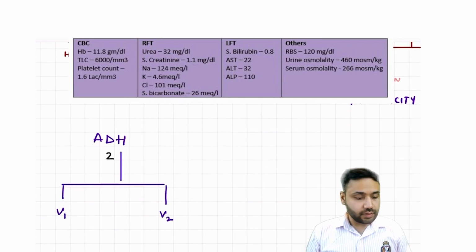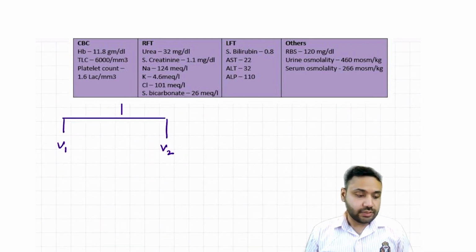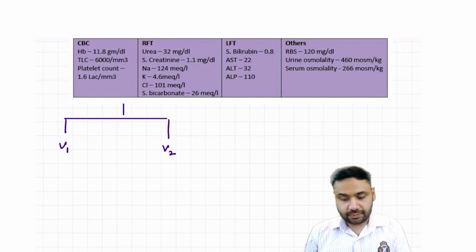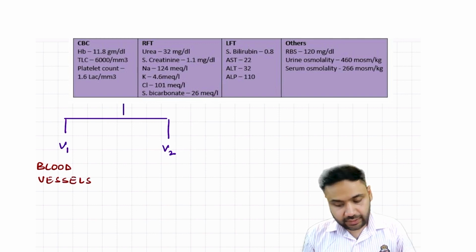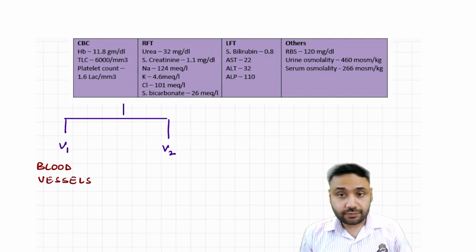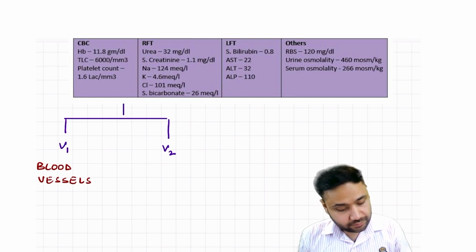The V1 receptor is present on blood vessels, while V2 receptors are present on collecting tubules.